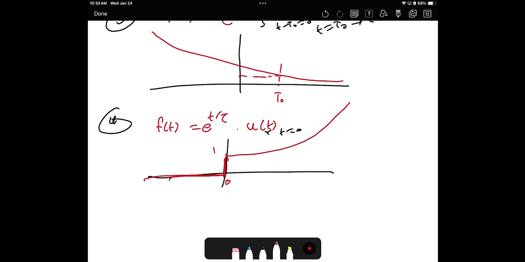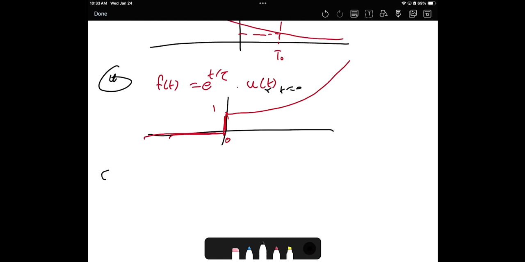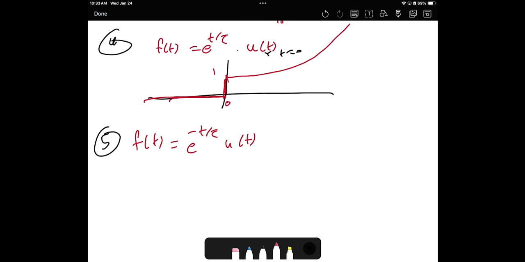Okay? Number 5: f of t equals e power negative t over tau times u of t. Again, here is the time plot. Here is 0; since it's a unit step, it starts from t equals 0.